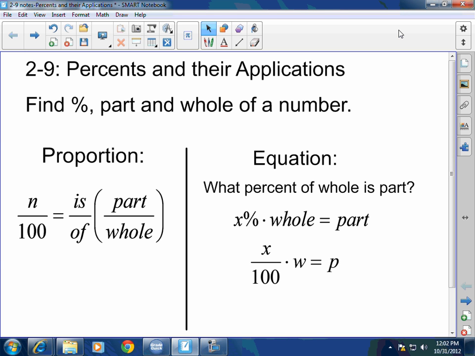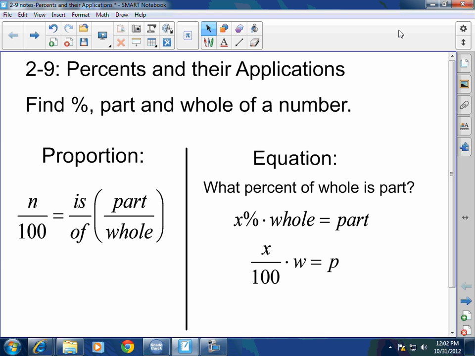So, with that in mind, today we're going to be learning about percents and their applications. The first part of this, okay, there's 3 different parts. The first part of this is learning how to find a percent, a part, and a whole. When you find a percent of a number, the whole itself, and the part of a number, that's what we're learning how to find today.